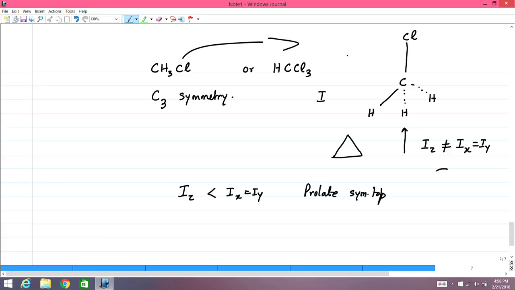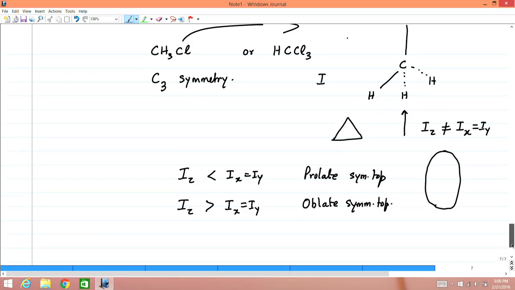Typically, such symmetric tops are written or depicted using an ellipsoid of this form. The other, in which the different moment of inertia is actually greater than the two equal moments of inertia, is called oblate symmetric top.